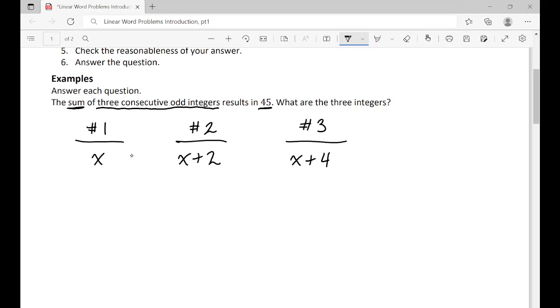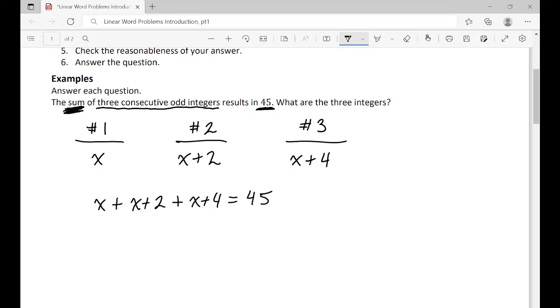So I know I have number 1 is x, number 2 is x plus 2, and number 3 is x plus 4. And it says right here, the sum of them is 45. So x plus x plus 2 plus x plus 4 is going to equal 45.